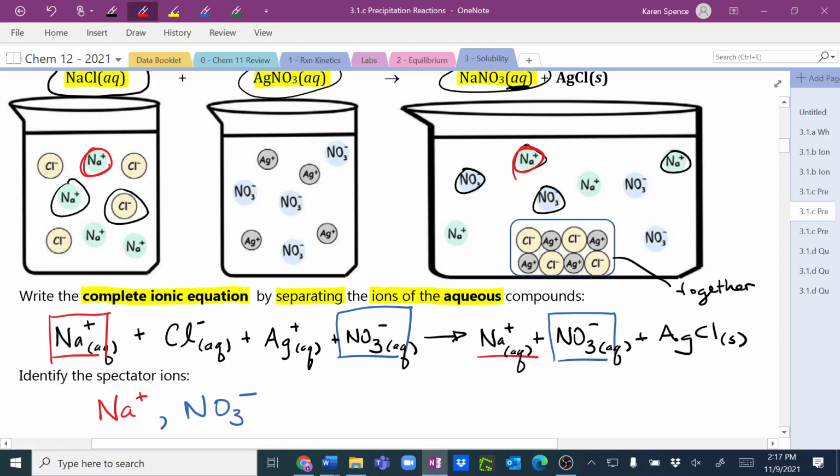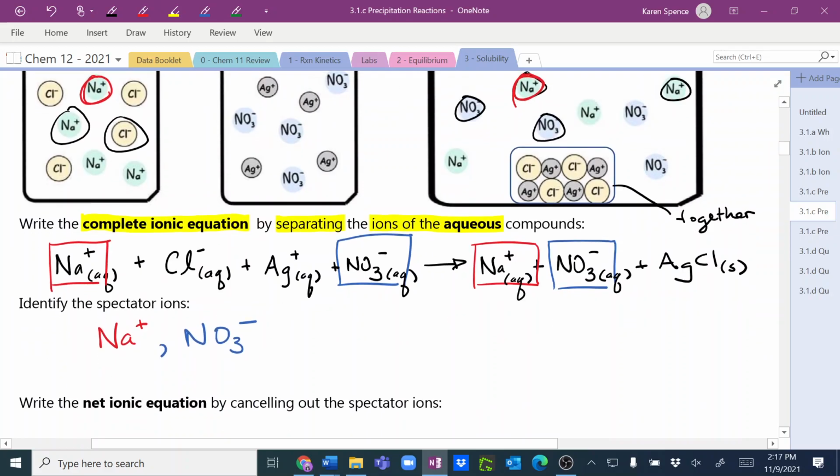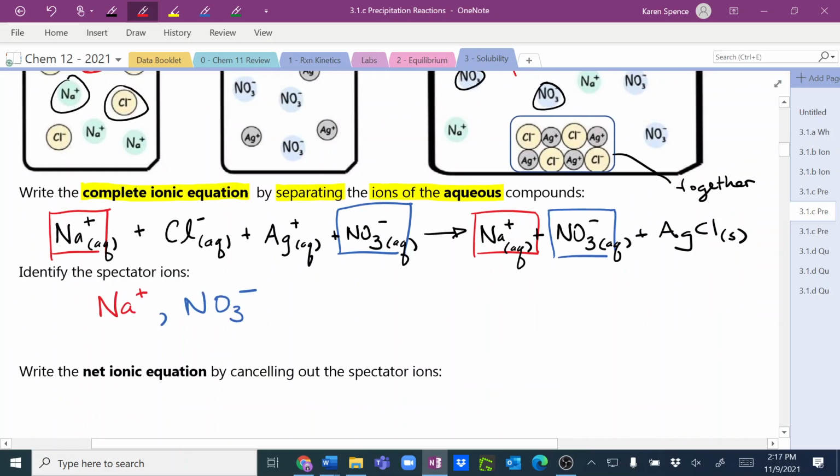And then our last step is to write the net ionic equation, and we do that by canceling out the spectator ions. So if we go up here, we can cancel out the Nas, we can cancel out the NO3s, and I'm just going to make a quick little note here that if you write it like this, this is totally fine.